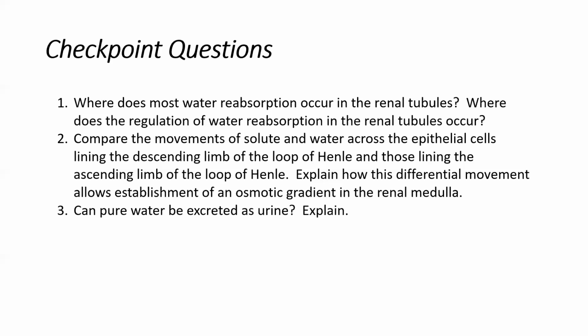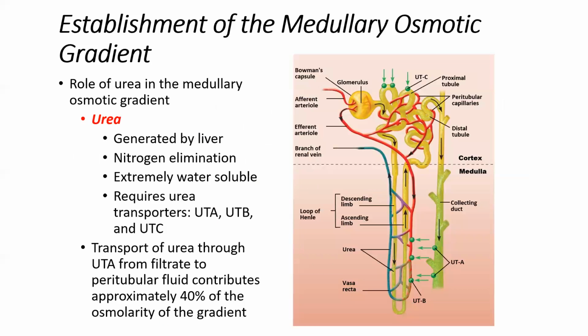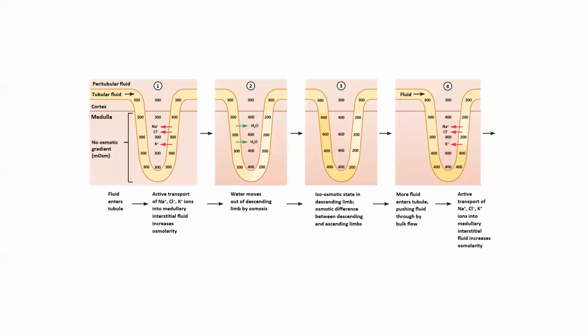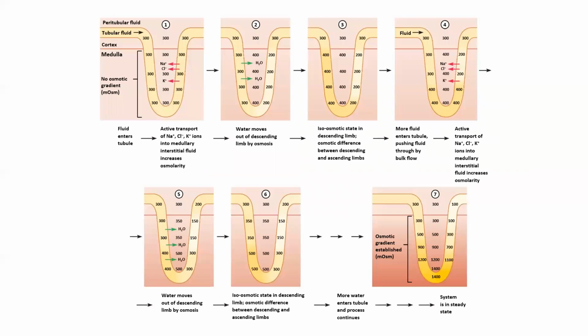And at that steady state, the osmolarity gradually increases until it's the highest at the tip of the loop of Henle, and then it gradually decreases. This is the whole point of the medullary osmotic gradient. Let me go back to this slide.